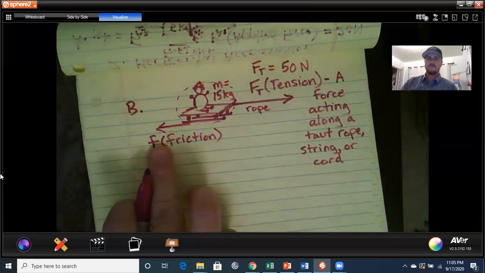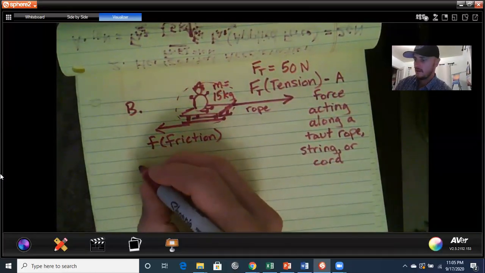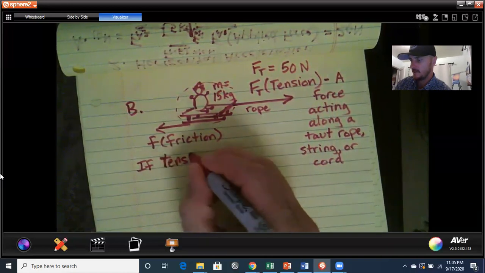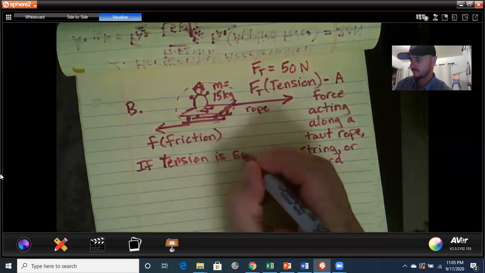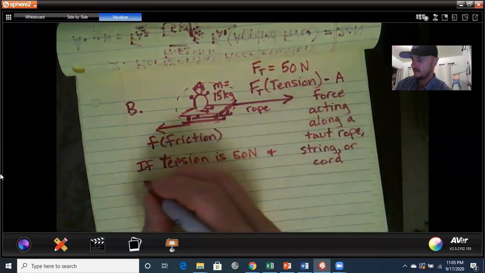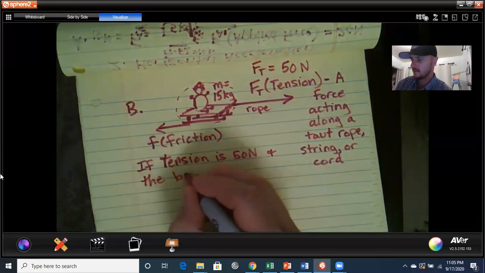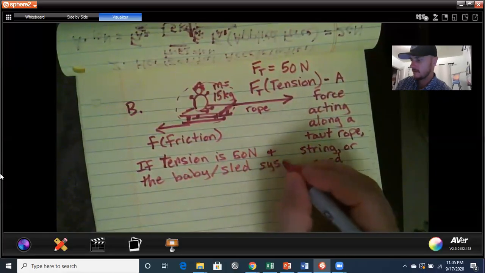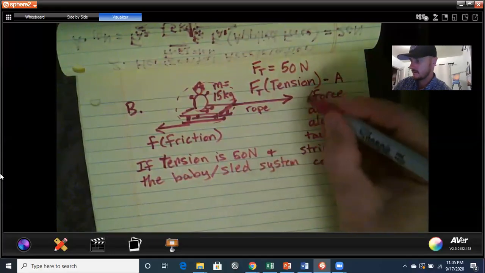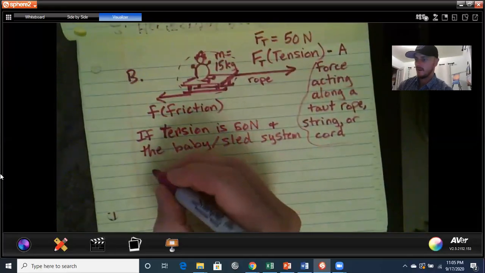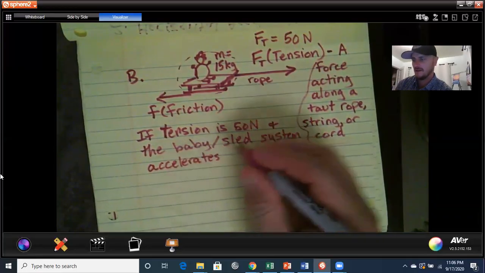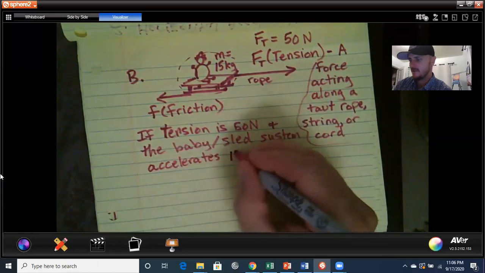Now notice I'm not giving you friction, so I'm going to write here, if tension is 50 newtons and the baby sled system accelerates, let's make it dangerous, let's make it like 10 meters per second squared.